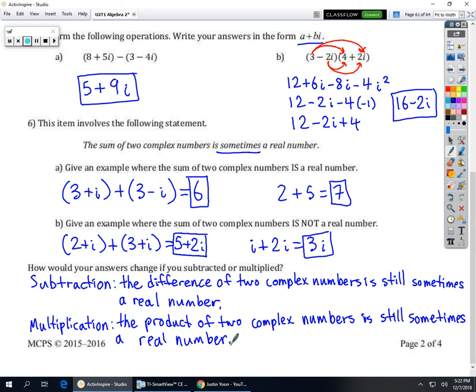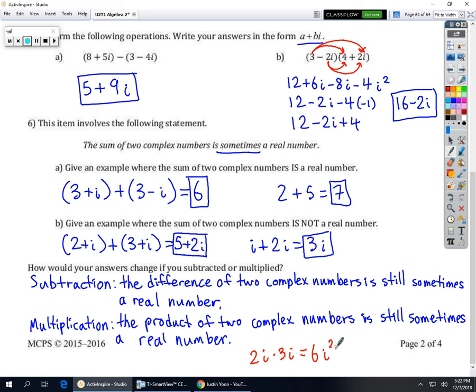I think with multiplication, there's a specific case that is pretty important. Remember, if we multiply, let's say something with i, right? Let's say, how about 2i times 3i? What happens when you multiply two things with i together? Well, 2 times 3 is 6, easy. i times i is i squared.